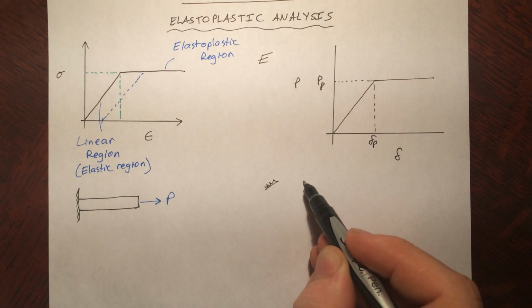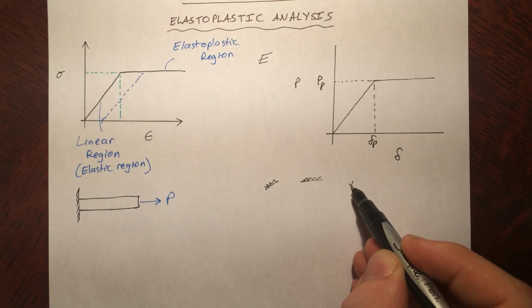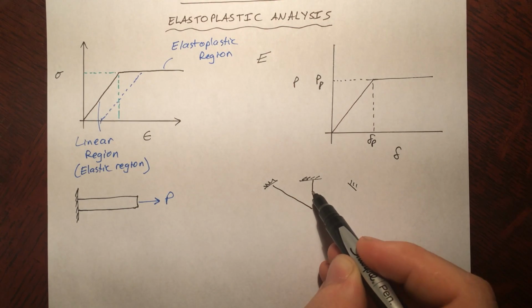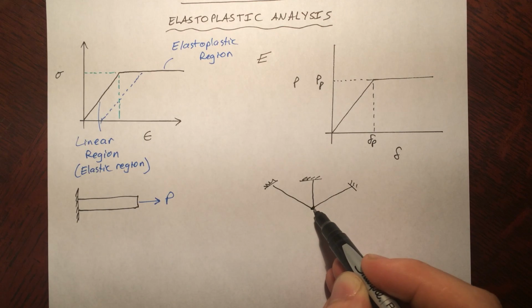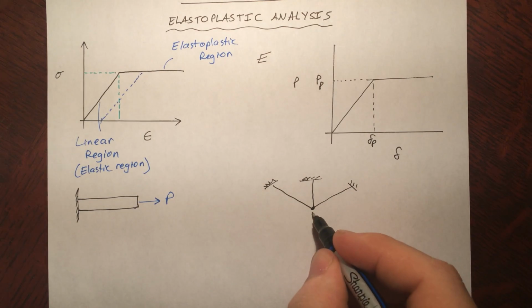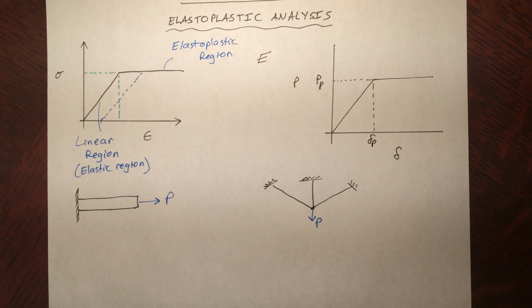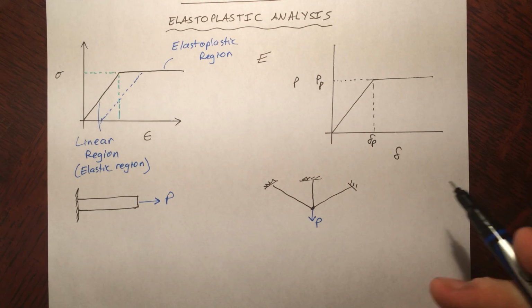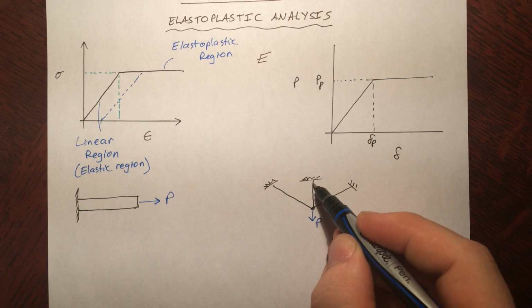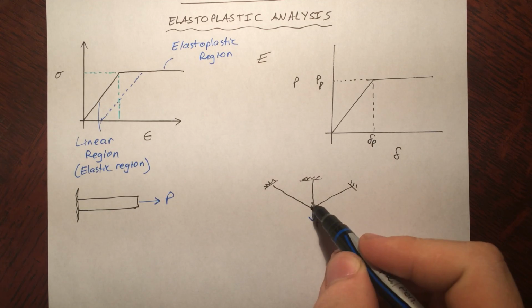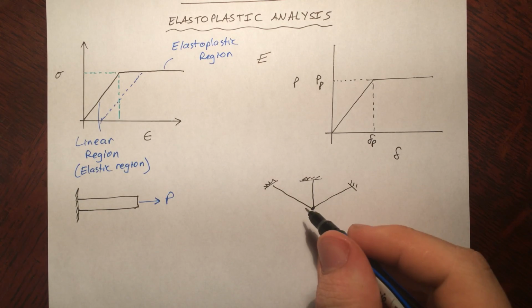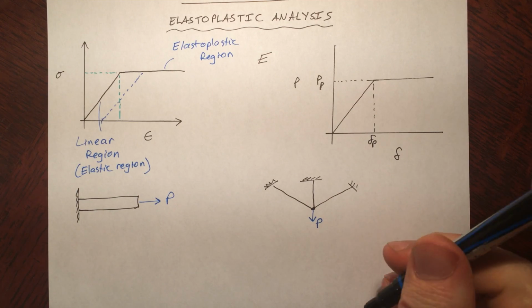You have a few wires. You're pulling down on this P. Not all these members are going to go into the elastoplastic region, the plastic region, at the same time. We can think this one here is going to probably go first because it's carrying the majority of the load, and then these ones are going to go later.